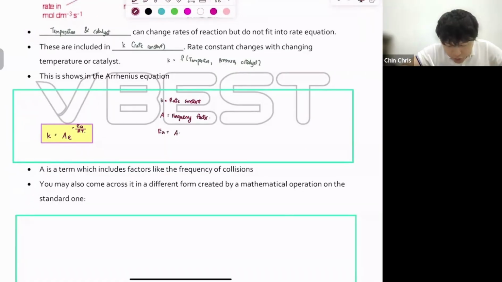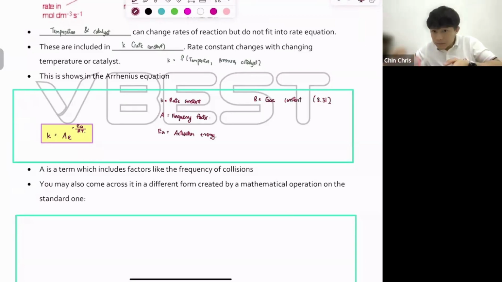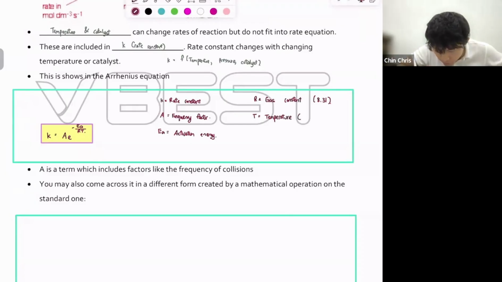Ea is the activation energy. R is our gas constant. T is temperature in Kelvin.